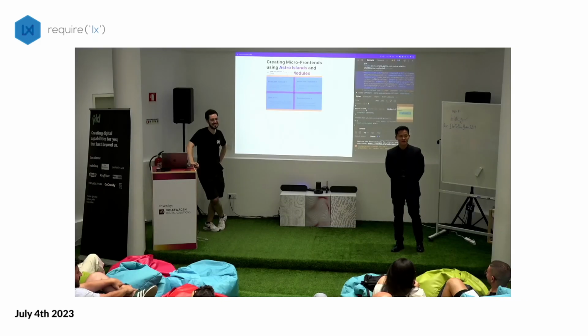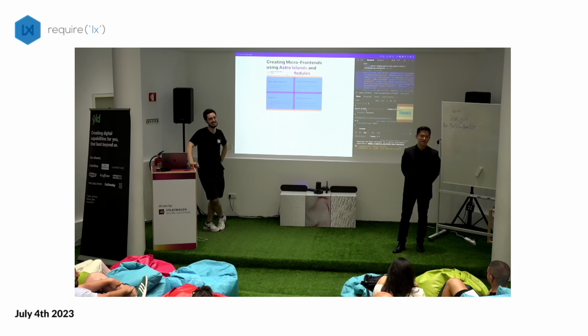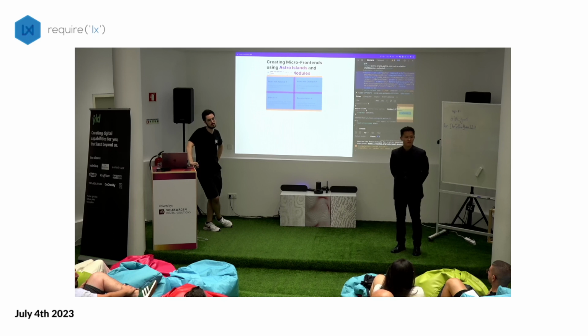Just to poke a little bit more. The thing is, if the different micro frontends don't talk to each other, what use is there to have multiple micro frontends? Then you don't need something as complex, right?